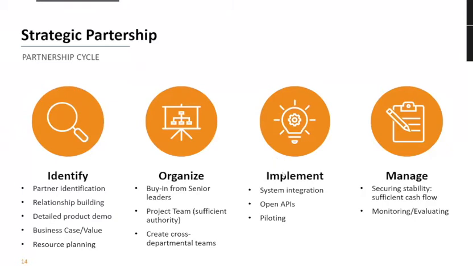So after identifying and organizing, we have implementation of that solution, right? So we integrate our system with that solution. Then we see whether our system is supporting it, or whether we are looking at having an open API. Then we pilot and we scale. And here it is very important that when you are selecting a partner, that partner has experience and technological capacity with the implementation.